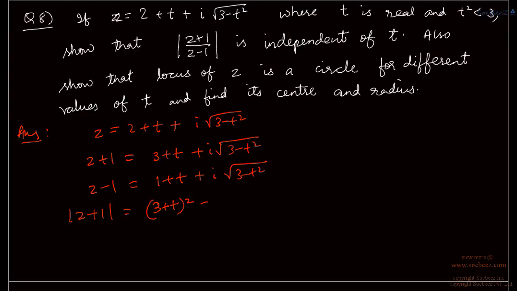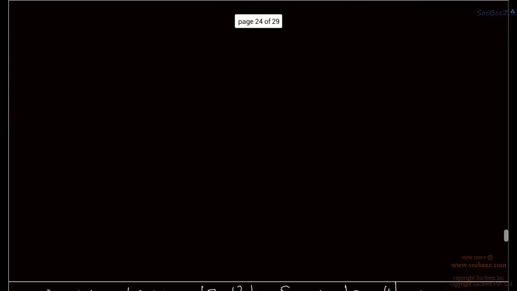This is equal to 3 plus t whole squared plus 3 minus t squared. Right, expanding which we get that t squared actually gets cancelled because of the minus t squared here. So I have 3 squared, which is 9 plus 3, which is 12 plus 6t. And similarly, z minus 1 is 1 plus t squared plus 3 minus t squared, and this is 1 plus 3, which is 4. T squared cancels again, and we have 2t.